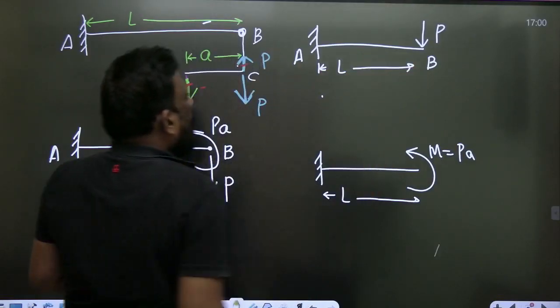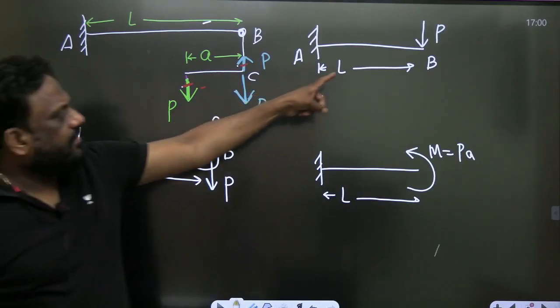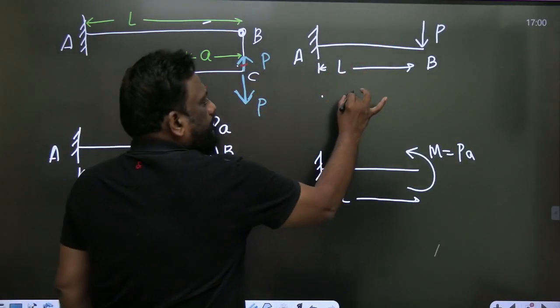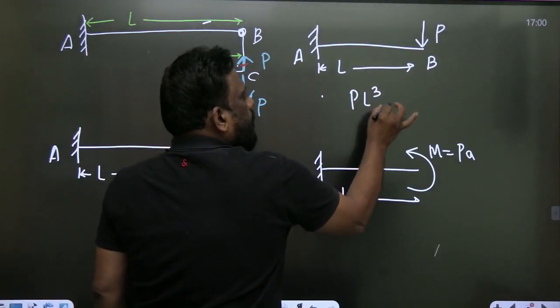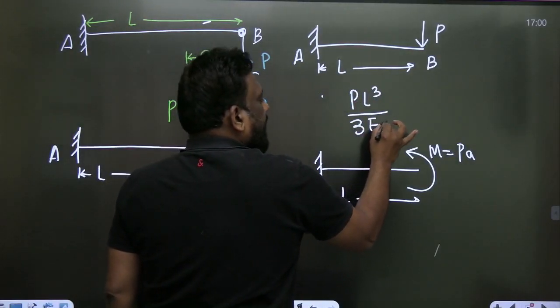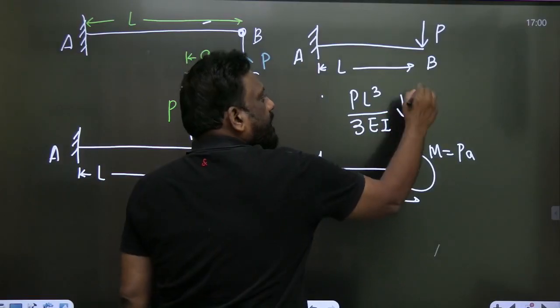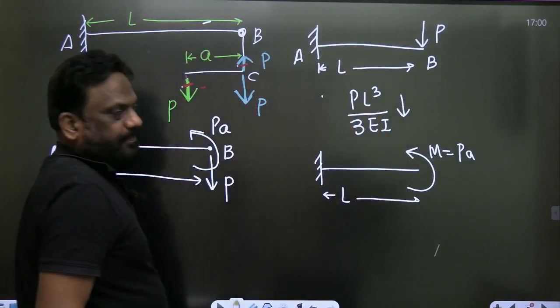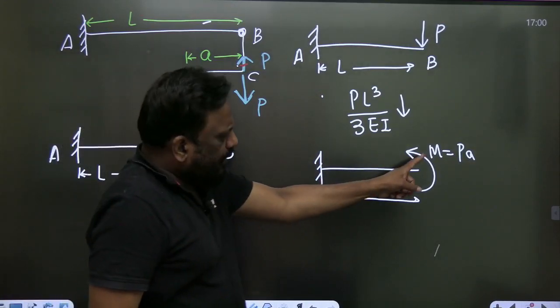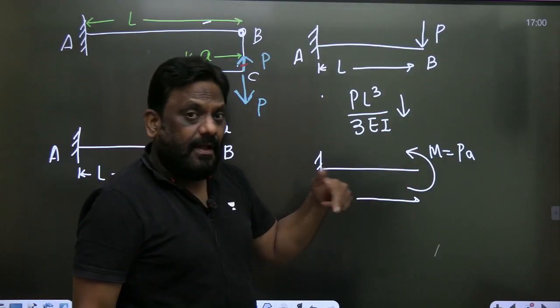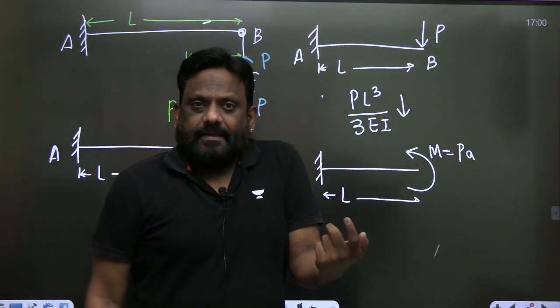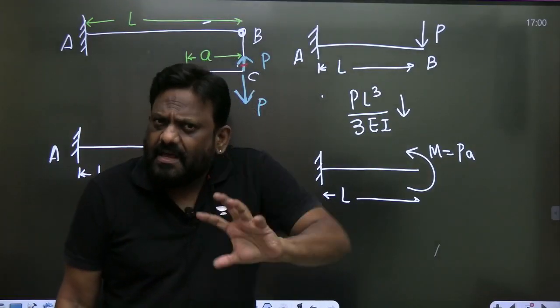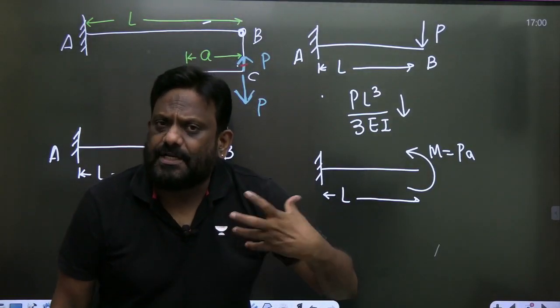What will be the deflection due to the downward load? Because of the point load P at the free end, it is PL cube by 3EI. And due to the moment, the deflection is ML square by 2EI. These are the most standard results that you need to remember.